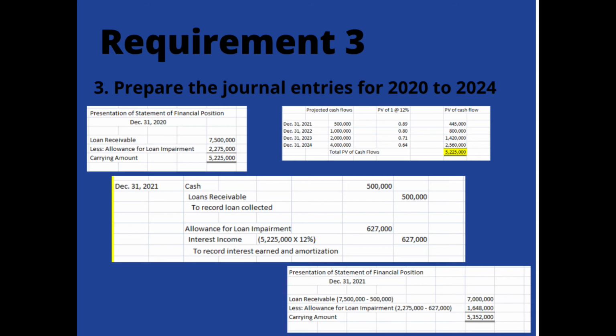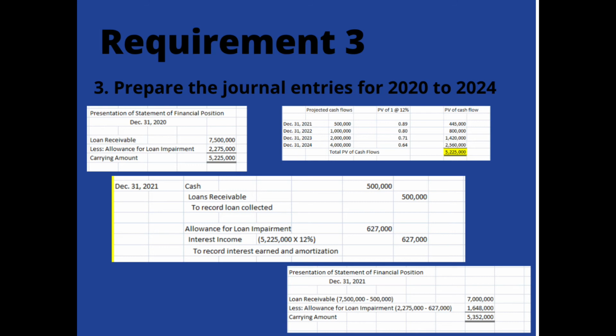The entries are debit cash and credit loans receivable, amounting to 500,000, which is the collection of loans. There will be an allowance for loan impairment, which is debited because of the earned interest income, amounting to 627,000, which is based on the carrying amount, the present value of the loan amounting to 5,225,000, multiplied by the interest rate.